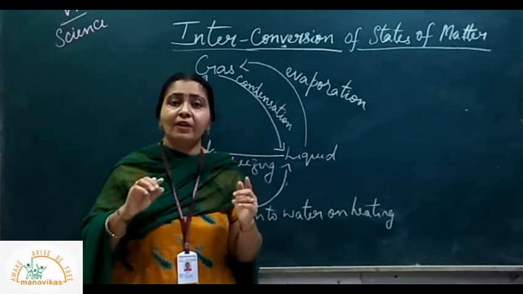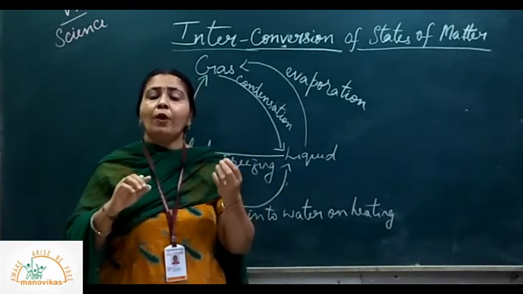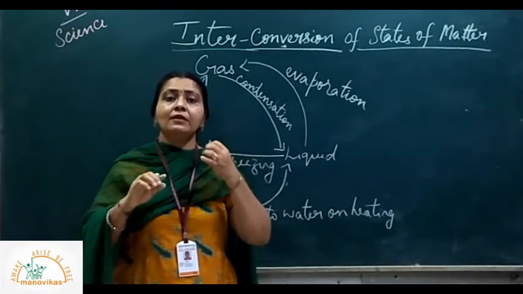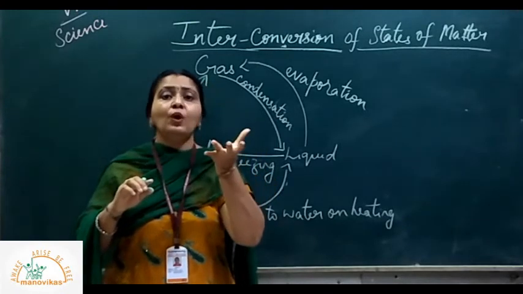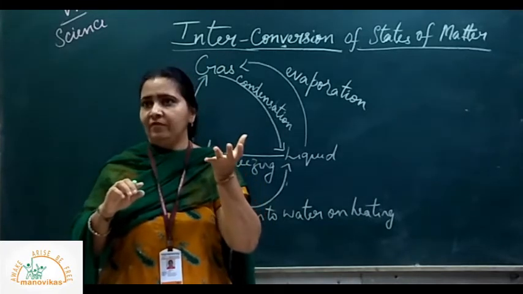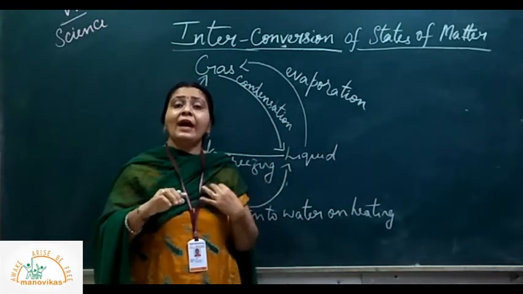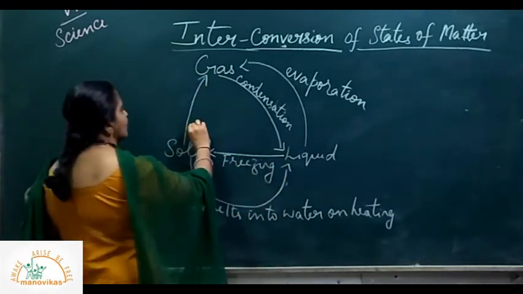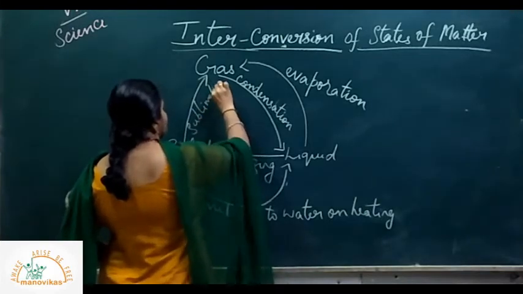For example, I have shown you sulfur. When sulfur is heated, what happens? The solid changes into vapor. It gets converted into vapor without passing through the liquid state. That process is known as sublimation.